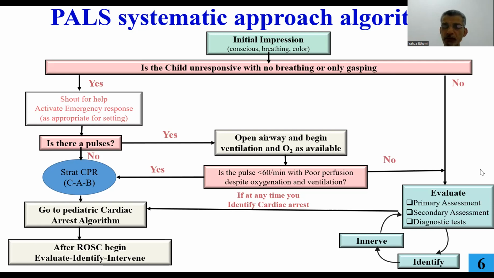If there is no pulse, you go with CPR. Before, in children, we called it ABC: airway, breathing, and circulation. Now this has changed to CAB, where we start with circulation, then airway, then breathing.